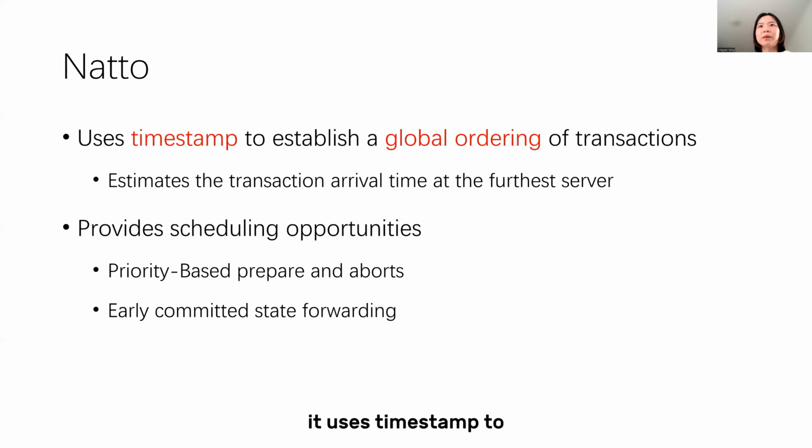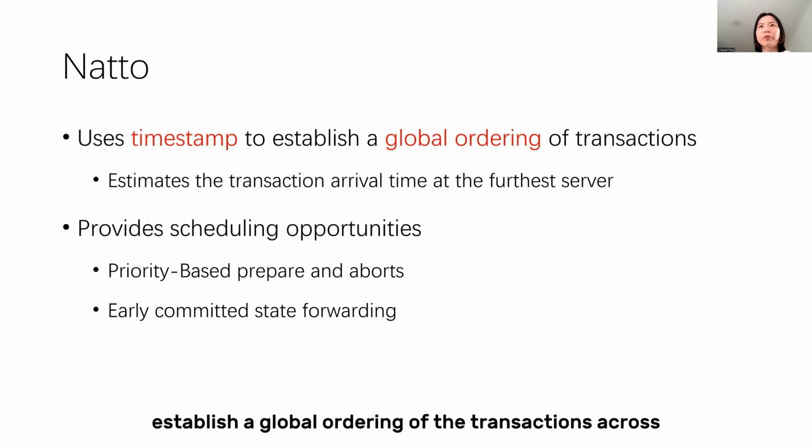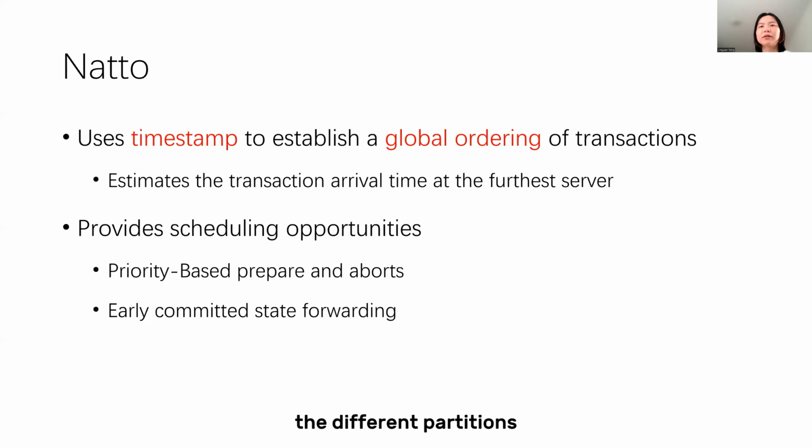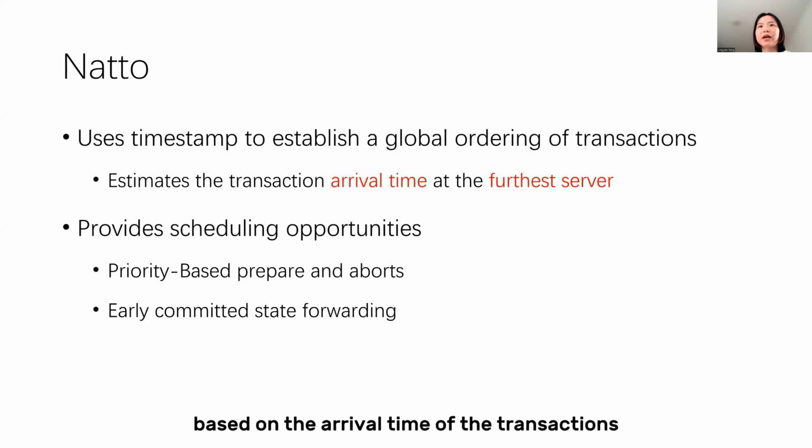It uses timestamps to establish a global ordering of the transactions across the different partitions. Unlike the classic timestamp approaches, which assign the timestamp when the transaction commits, we are using a timestamp based on the arrival time of the transactions, not the arrival time at the closest partition, but at the furthest partition.